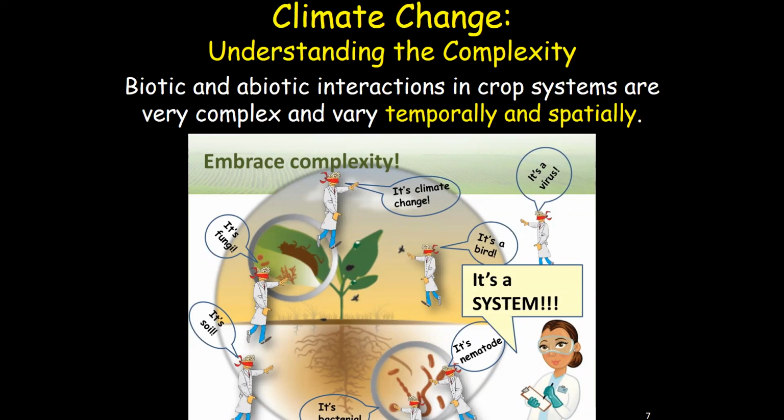So whenever a problem arrives in a cropping system, we are inclined to either say it's a fungus, it's related to the soil, it's bacterial, it's climate change, it's a virus. But what we really need to realize is that it's actually a system, and that a system is extremely complex, and that until we understand the system, we will not be able to deal with climate change.